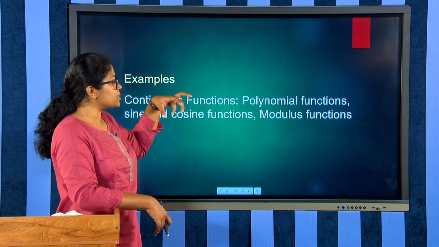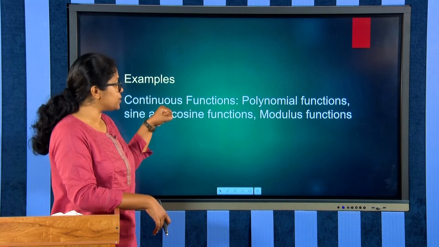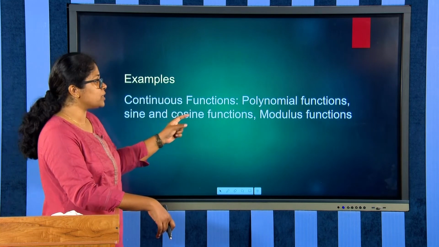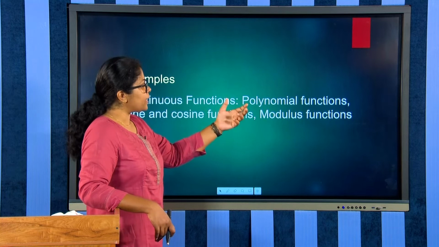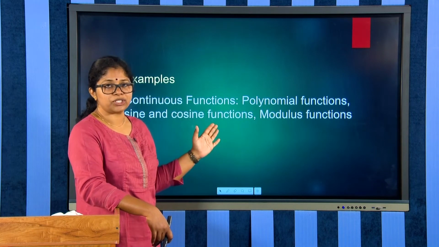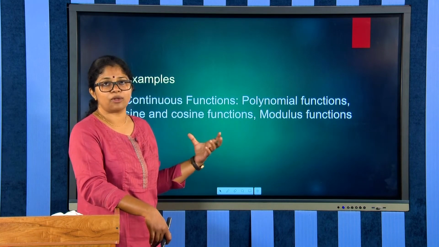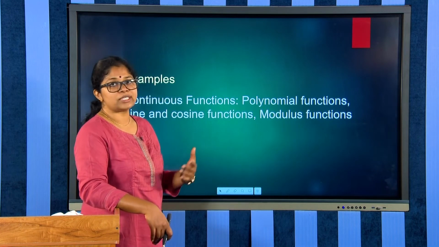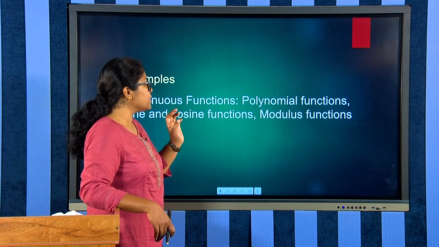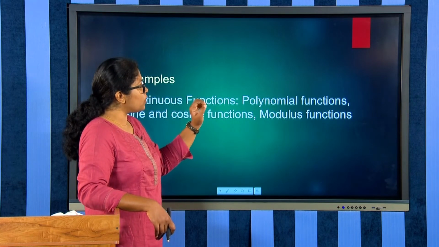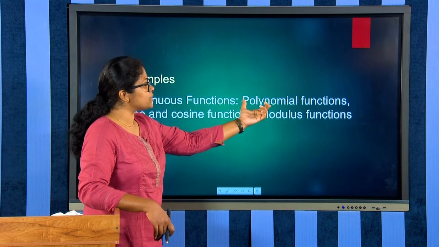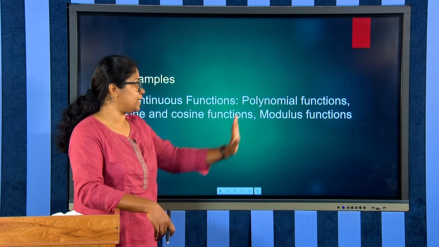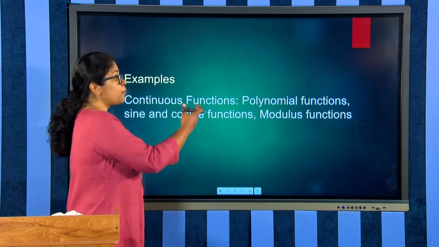The main classification of continuous functions consists of the polynomial functions, sine and cosine functions, modulus functions, and a few more which I have not mentioned here, like rational functions where the denominator is not equal to 0, exponential functions, and many more. Mainly, we have to consider the polynomial functions, sine functions, cosine functions and modulus functions at least. So, what are polynomial functions?